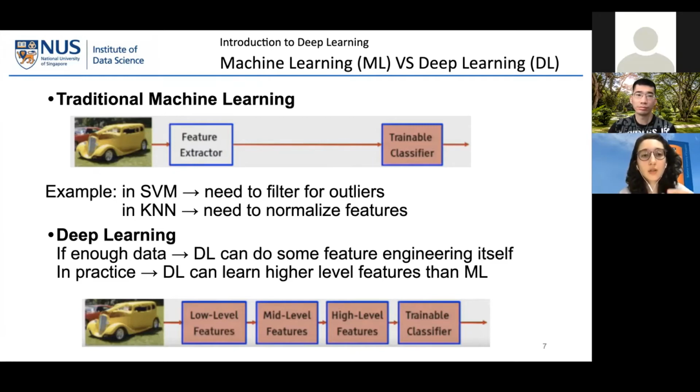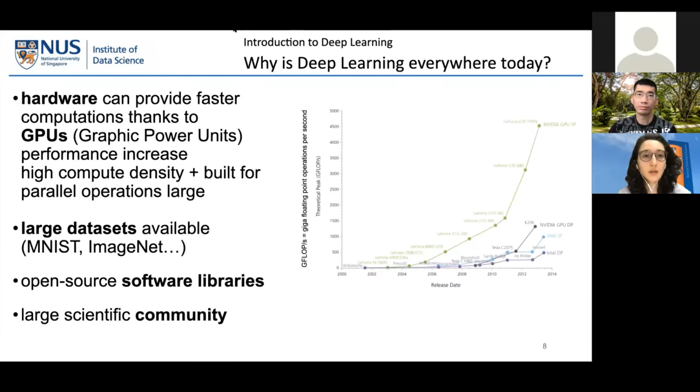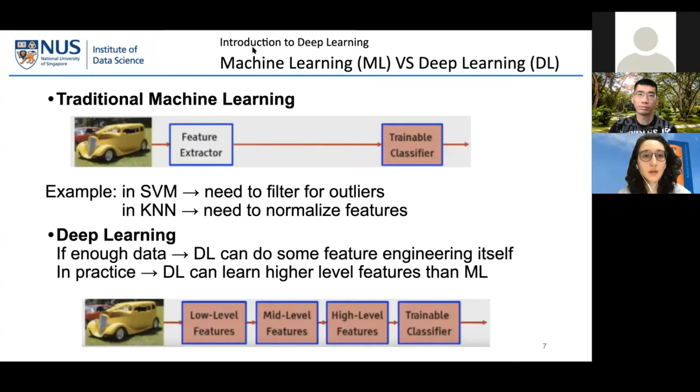It's just that in traditional machine learning, if you have some input, like here, an input image, you will have to manually extract some features in order to provide those features to a trainable classifier like SVM, logistic regression, etc., in order to predict your output variable.